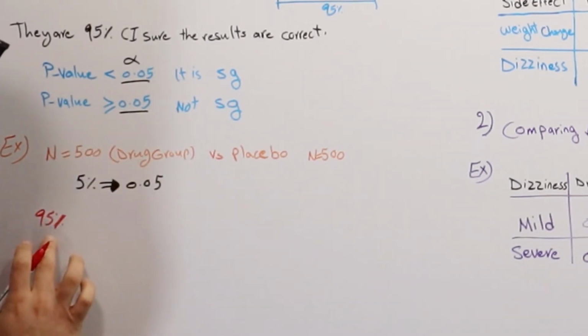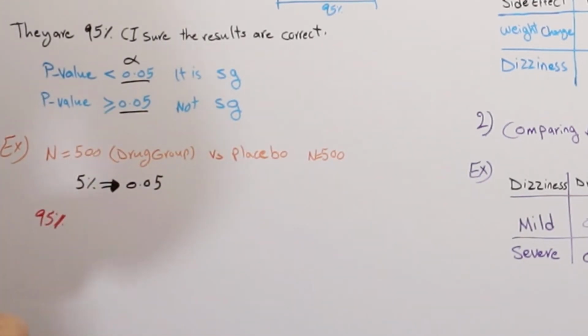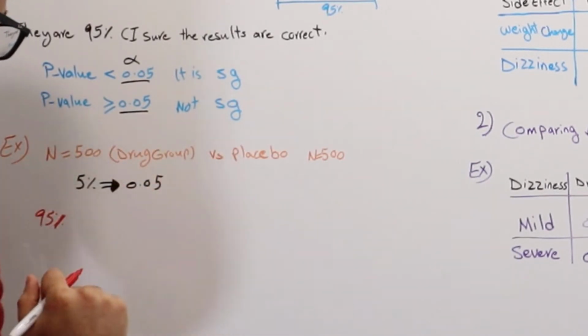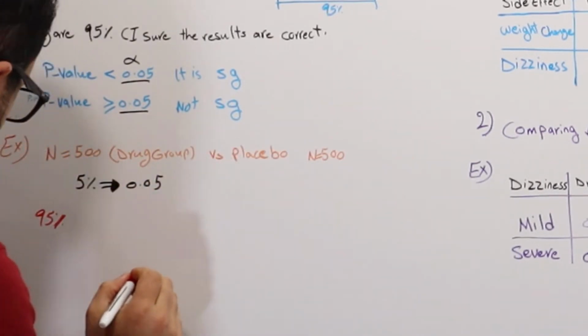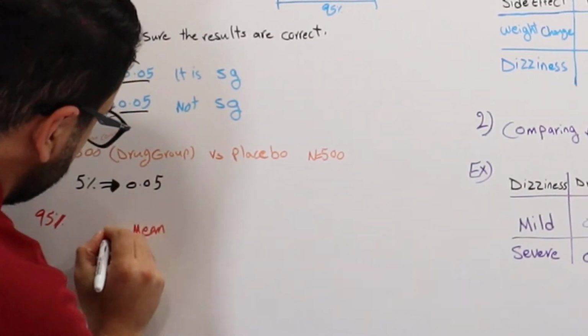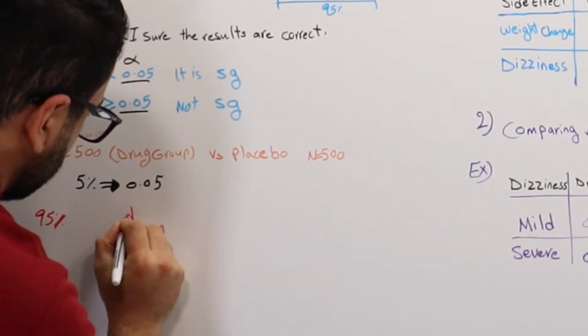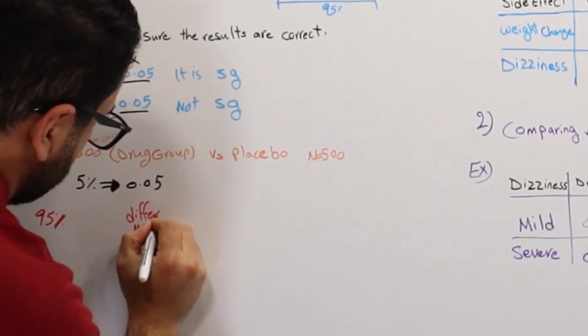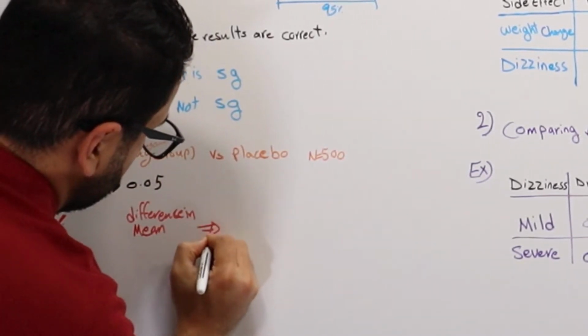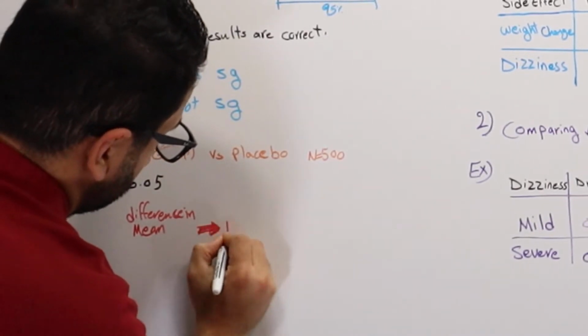So from here, let's say we have a difference in the means between the two groups. Let's say the difference in mean is basically 10%.